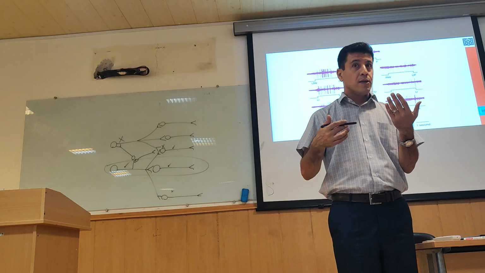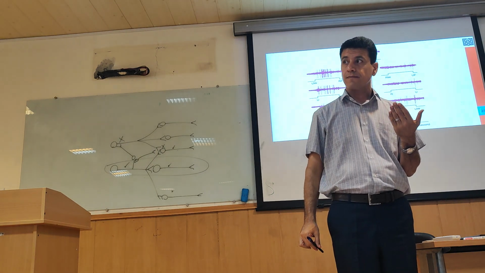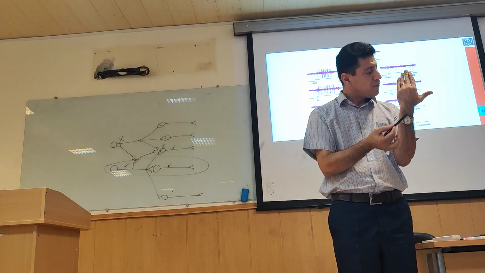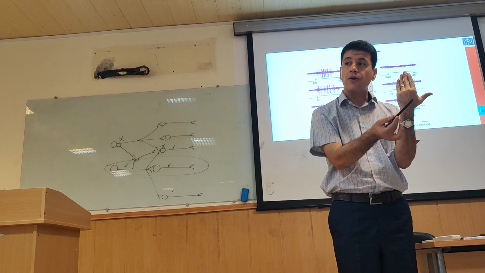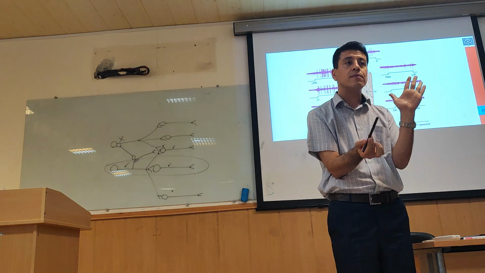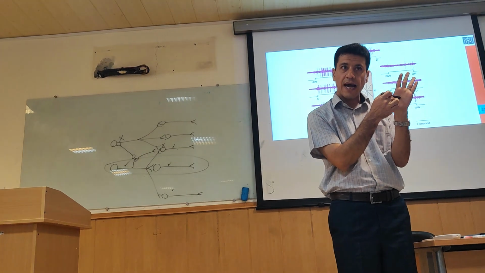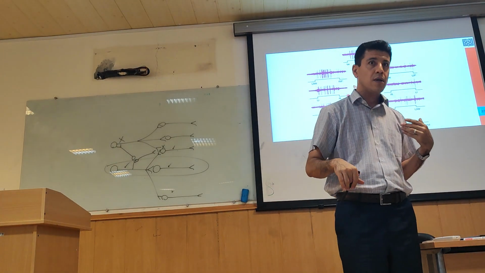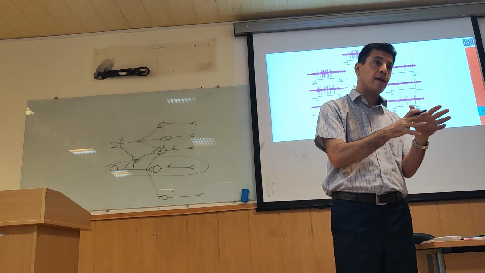So they have receptive fields. For example, the receptive field of one neuron is here, and another neuron may have a receptive field here. Stimulation here activates one neuron, stimulation here activates another. So this is the property of somatosensory area 1.